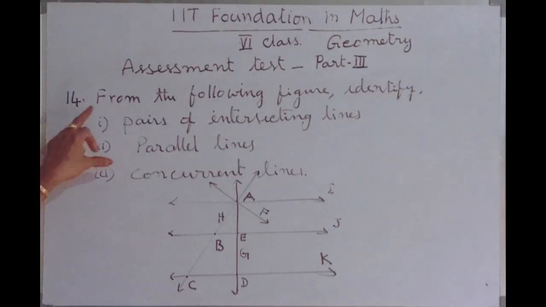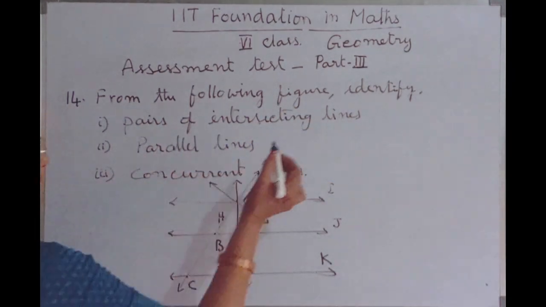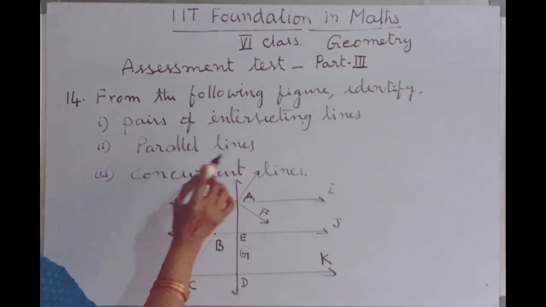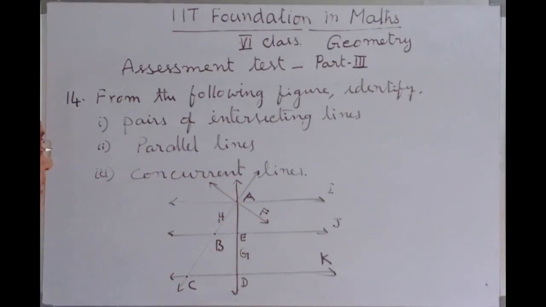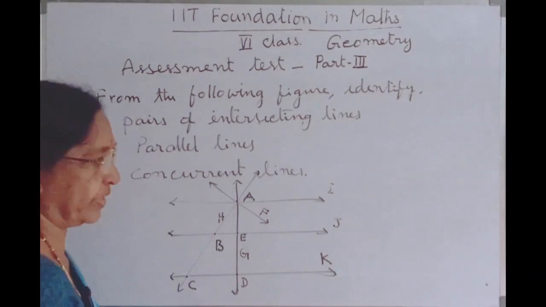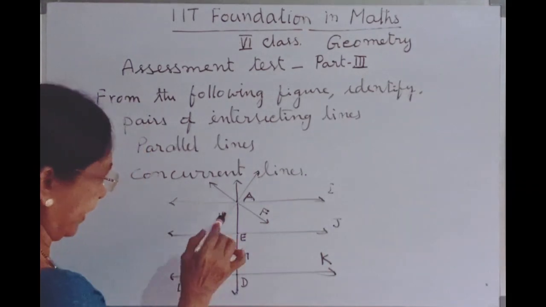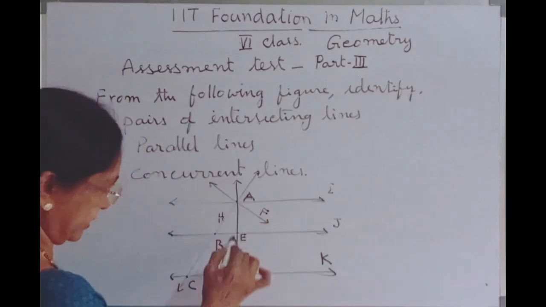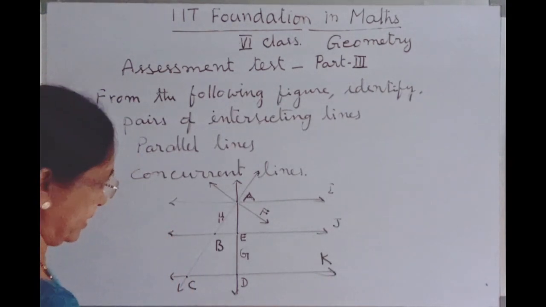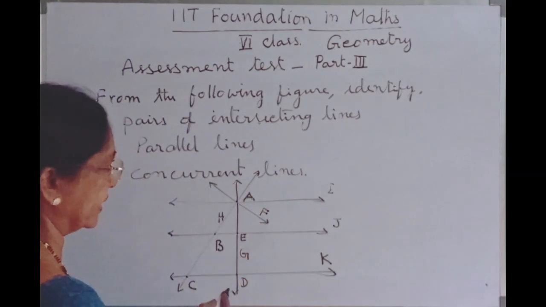Next, 14th problem. From the following figure, identify pairs of intersecting lines, parallel lines and concurrent lines. Pairs of intersecting lines. Here the lines are named after a letter. This line is I, J, K, H, and this is G. So here this line and this line are intersecting.